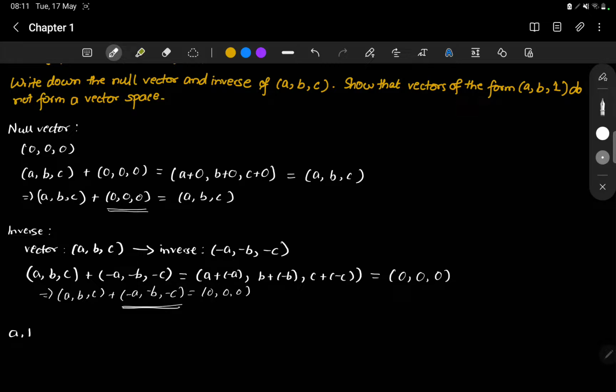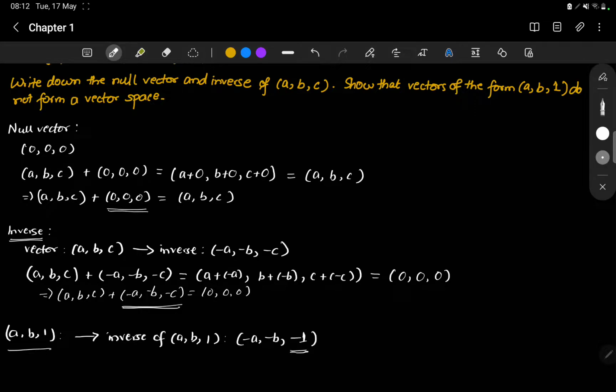So we have entities of this form, and we need to show that this does not form a vector space. Now from this inverse, we can see that what will be the inverse of this? Inverse of this entry a, b, 1 would be what? Minus a, minus b and minus 1. But note that this last entry is minus 1.